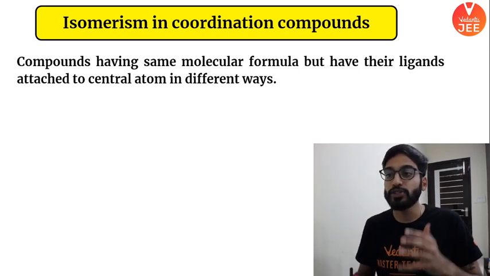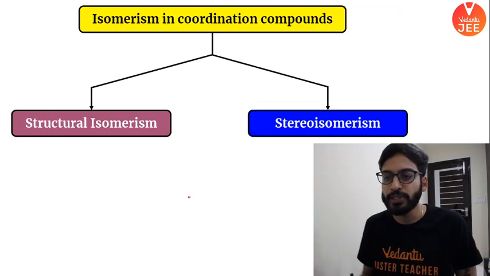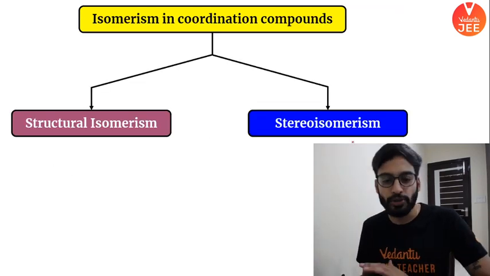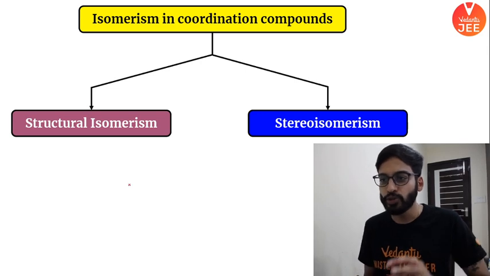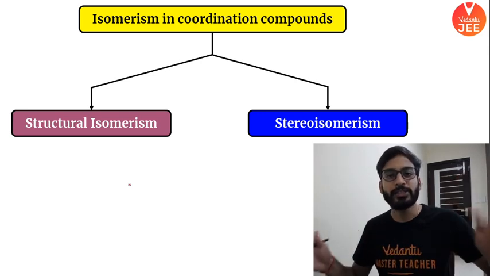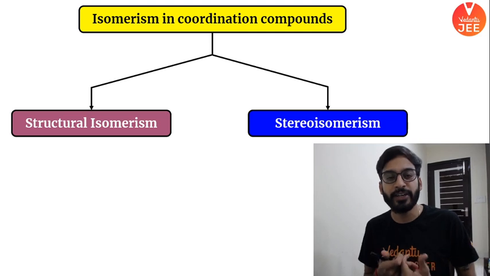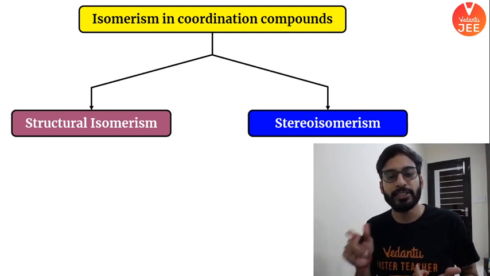Now, isomerism is of two types: structural isomerism and stereoisomerism. Let me explain one by one. So basically, what is isomerism? Compounds having same molecular formula but different connectivity of the ligand with the central metal ion.